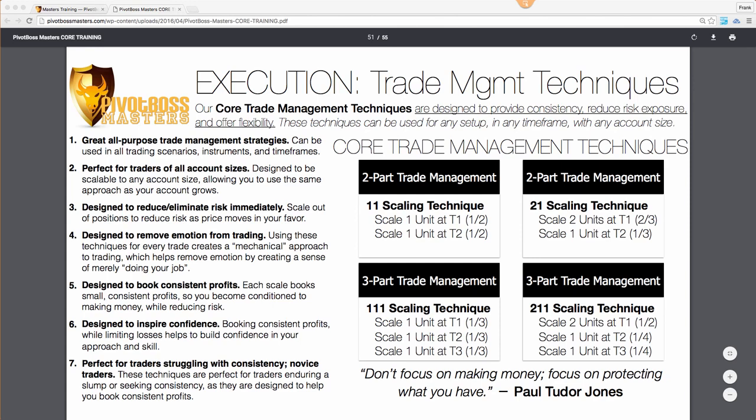With regards to these techniques, again, I'm looking for a quick 2-point move, 2 to 3 point move in my direction for the ES, and then I scale at a T1. And from there, it just depends on the duration of the trade. And that's why I say also, even if I enter a swing trade in the ES, I'm still using a scalping approach, and then I let or force that position to prove to me that it can graduate into a swing trade.